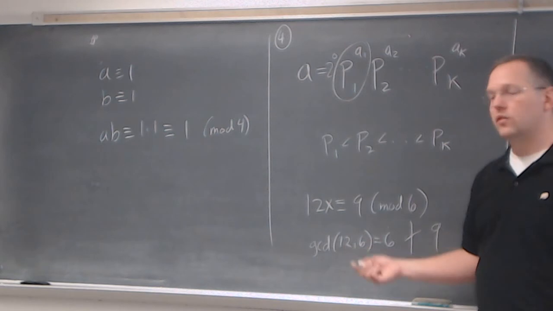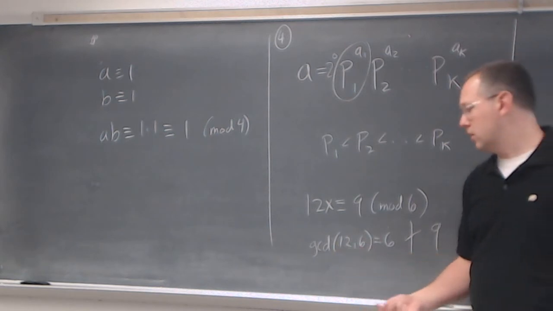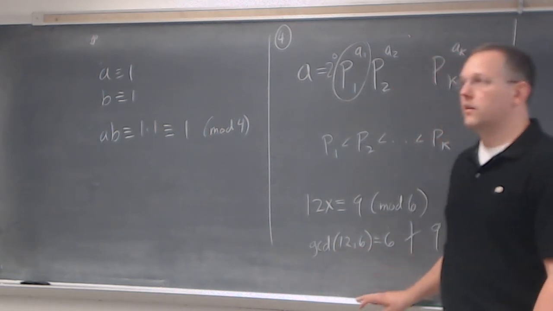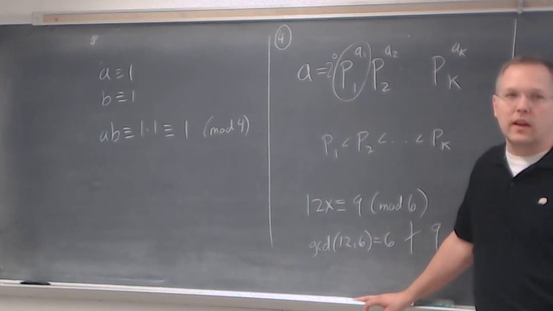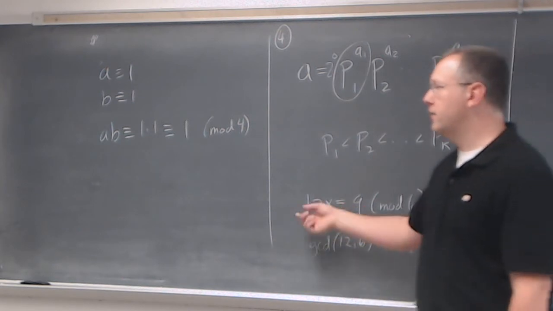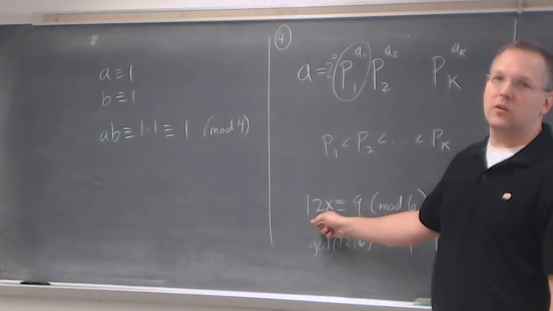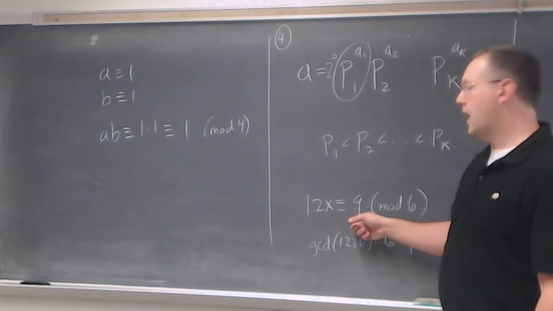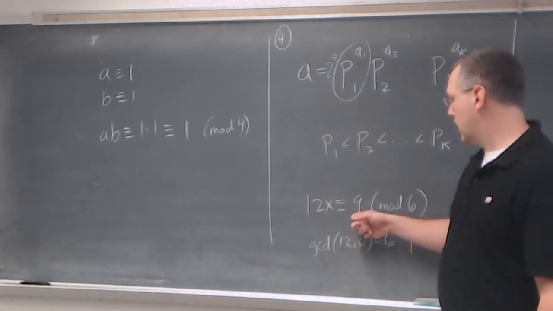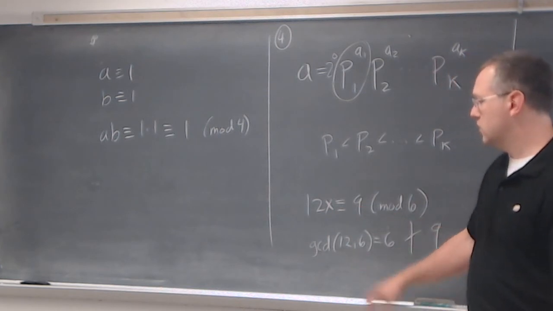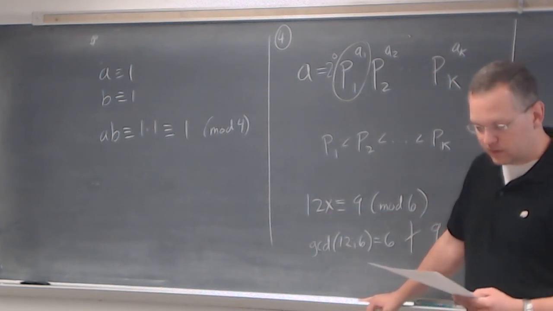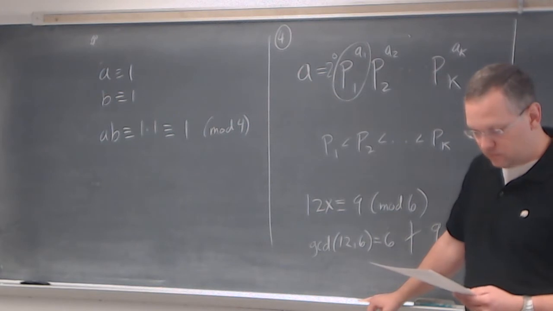So 6 does not divide 9, therefore there are no solutions. That's a more sophisticated way to do it. But like I told you, just try to solve it, and you get a contradiction. This is 0 mod 6, and 9 is definitely not 0 mod 6. 9 is 3 mod 6, so 0 can't equal 3 mod 6, and so on.